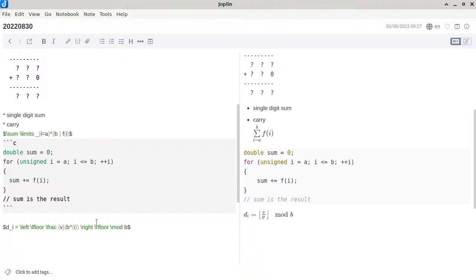But even without that context, note how one side only has one single unknown, because d of i is just one single value, which is unknown. The other side has a whole bunch. This b of i is not b of i, this is b raised to the power of i, which means you need to know b, you need to know i.